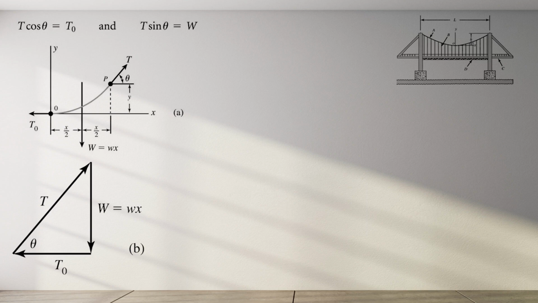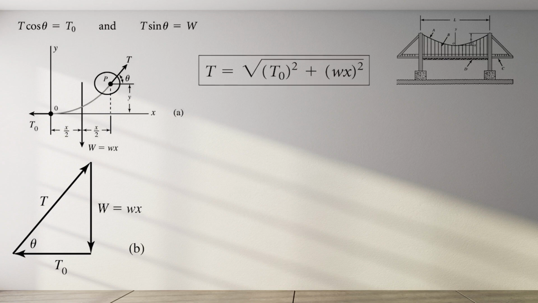By applying the third equation of equilibrium, taking moments about the general point B located at the right end of the cable section shown, we see minimum cable tension exists at the vertex, while maximum tension occurs at a support. The generic equation will look like this: T equals square root of T0 squared plus small w times x squared.